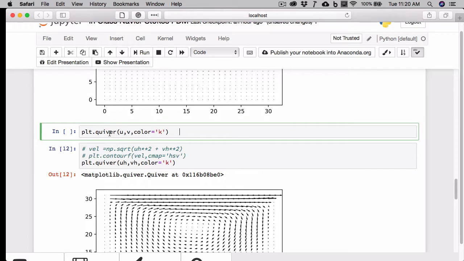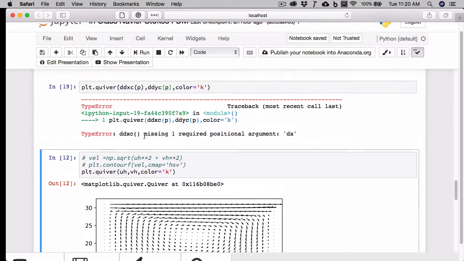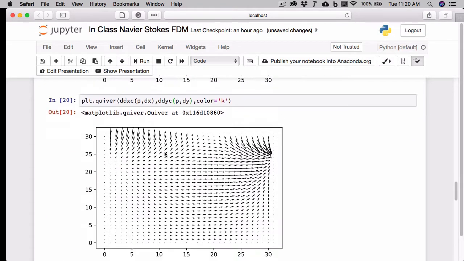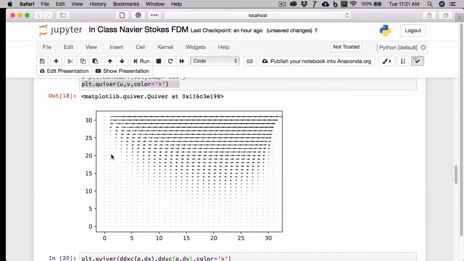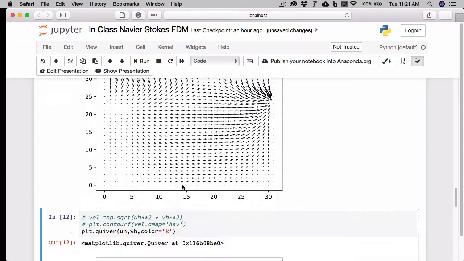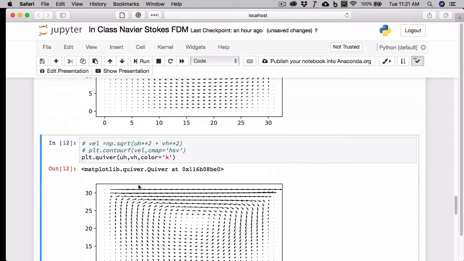So if we do ddxc of p and ddyc of p, now look, this is the uncorrected velocity field. And when you correct it with this pressure, you get this.